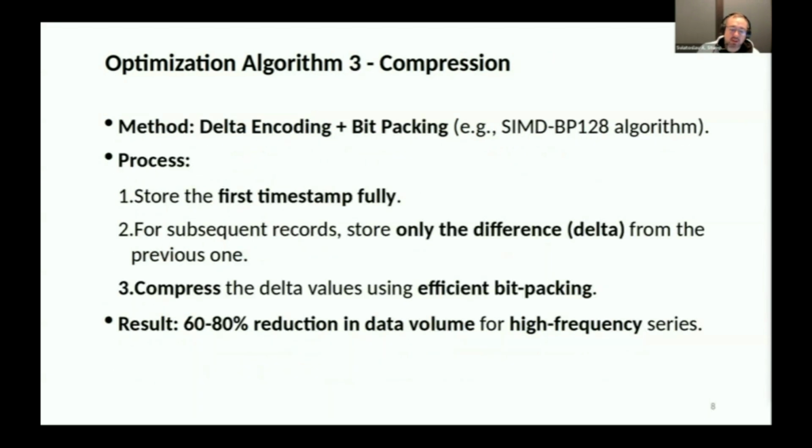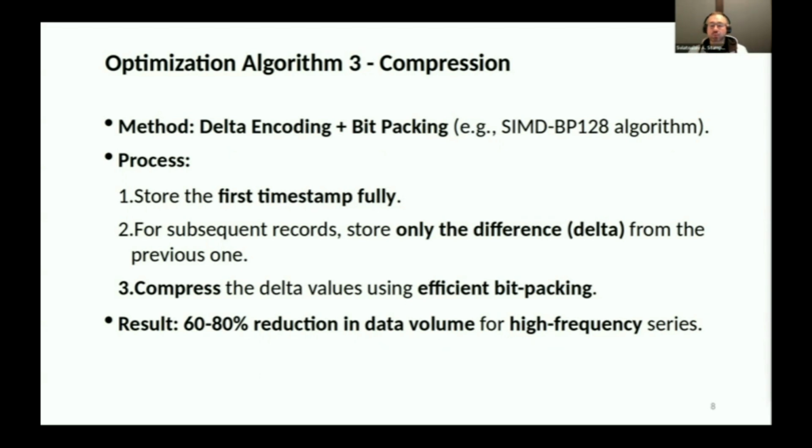Let's go further. An even more complicated thing. We can use data encoding and bit packing, something similar to the SIMD BP128 algorithm. You store the first timestamp fully, and then if we have a quite stable, quite rich time series, we may store only the difference between following timestamps, following records.